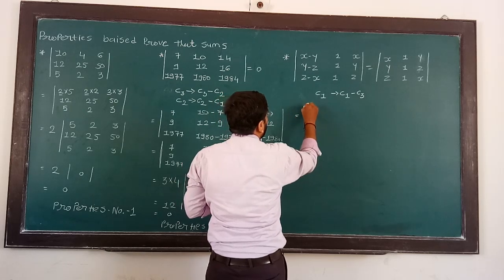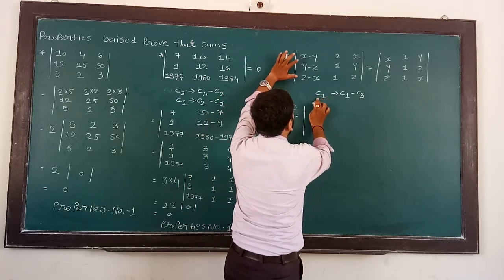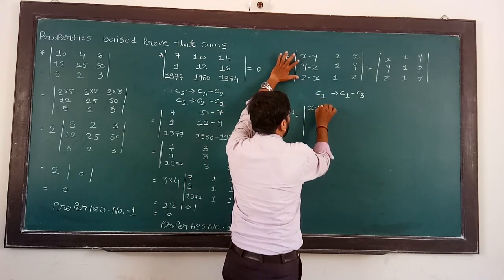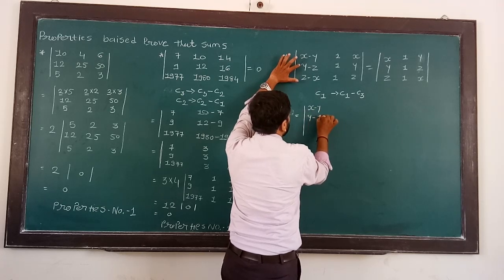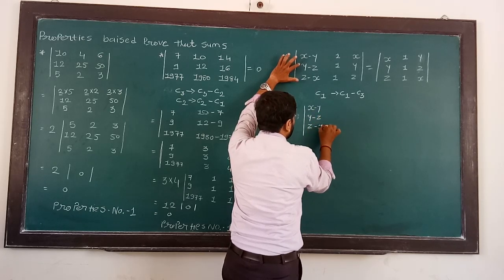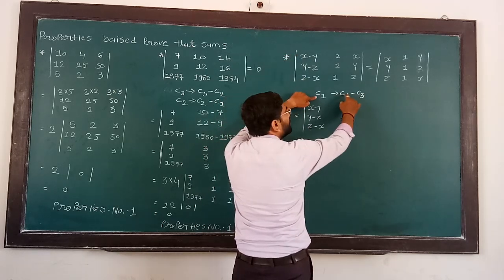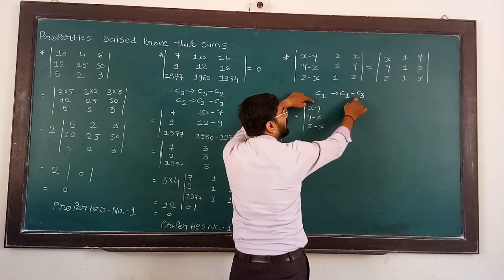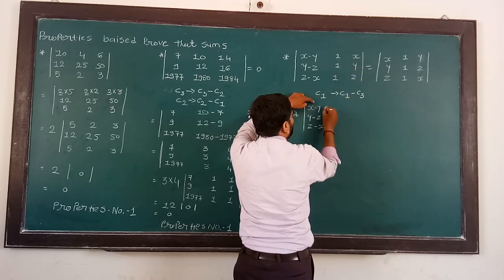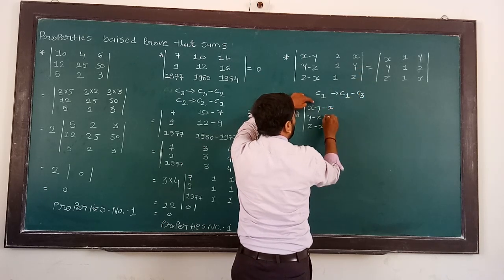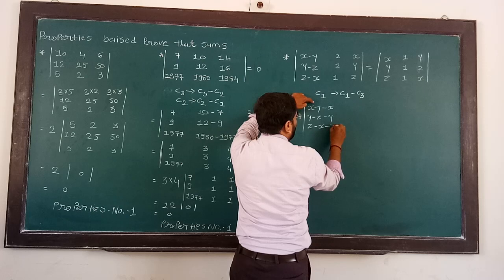So apply at C1: x minus y, minus z and z minus x. Now we apply at the place of C1, C1 is written here, now minus C3. So C3 is minus x, minus y and minus z.